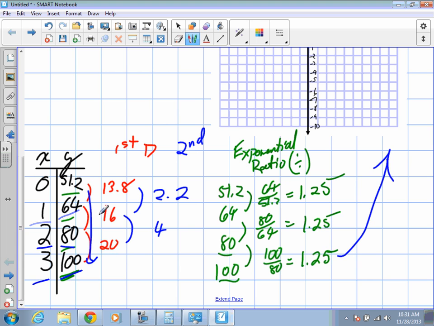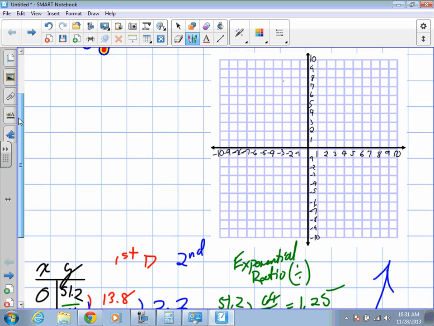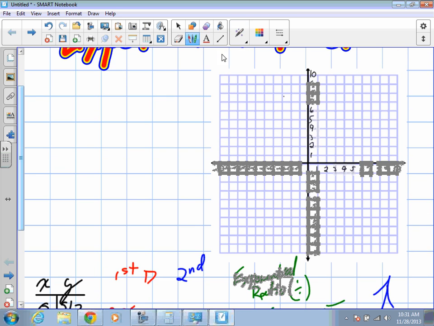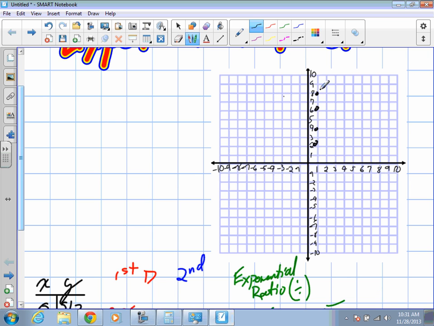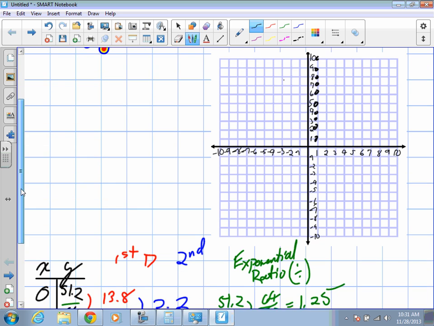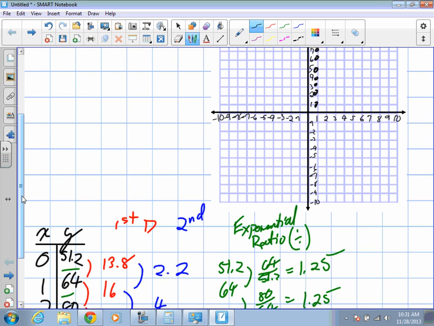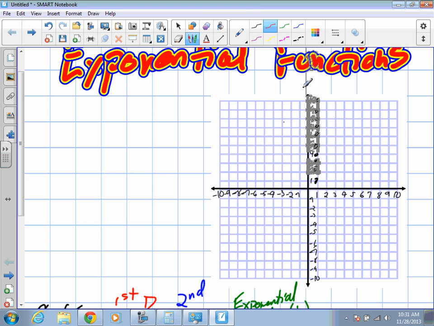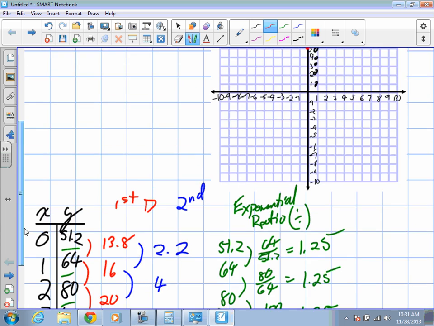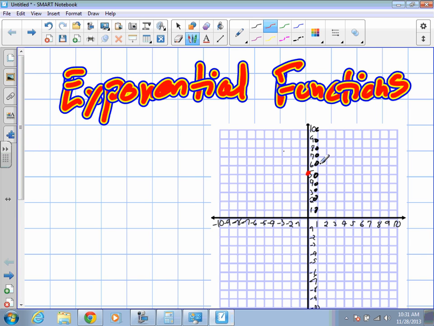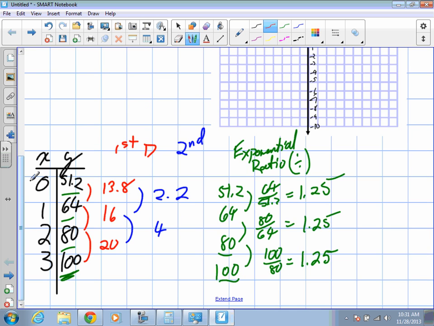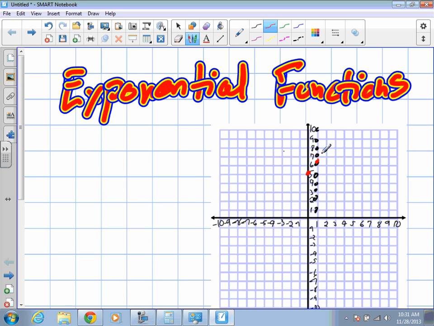So if we were to plot these, and this is probably not the best graph for it, maybe if I make these all 10s, and we try to plot these values, we can see maybe exponential growth. 0 and 51.2, so 51.2 is about there. 1 and 64. 2 and 80 and 3 and 100.